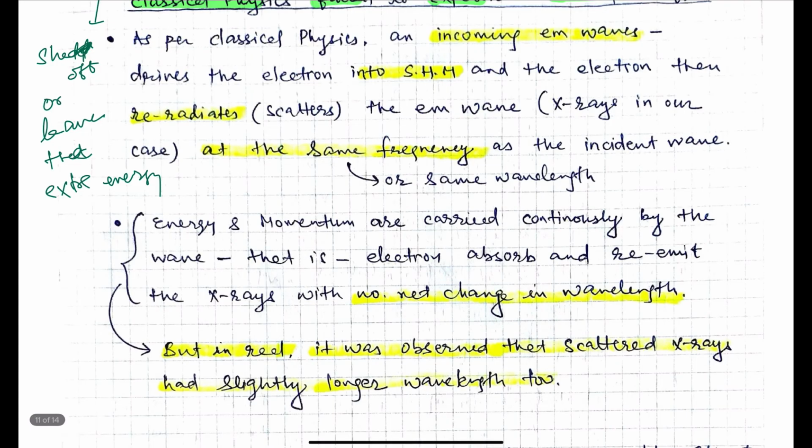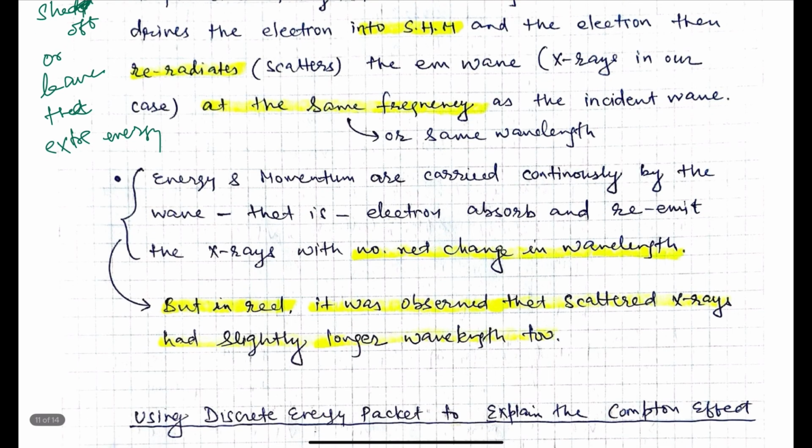So we know that energy and momentum are carried continuously by the wave, that is, the electron absorbs and re-emits the X-rays with no net change in wavelength. Because, classically, we are talking classically, whenever the electron absorbs some extra energy, it gets excited.